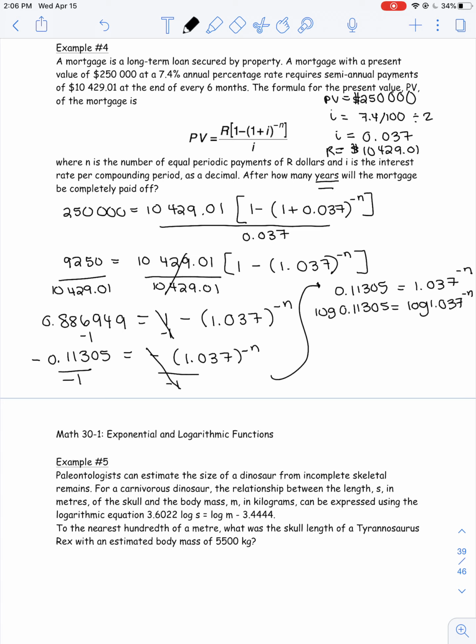And then that means I can use the power law to bring that negative n in front. And that means I can divide both sides by log 1.037.